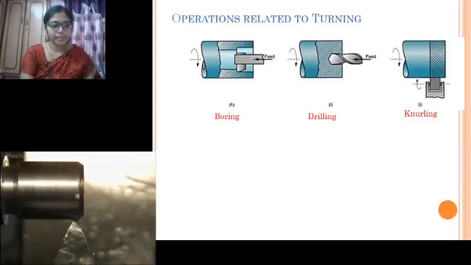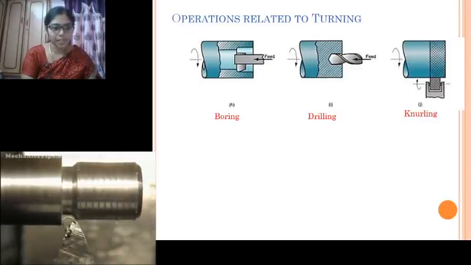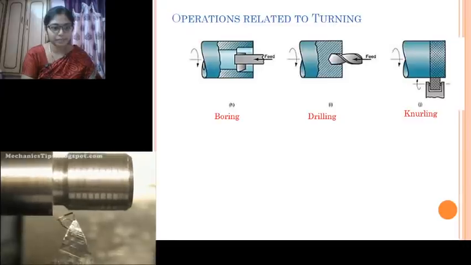If you take this present operation, that is a thread cutting operation, where you can see the formation of threads.